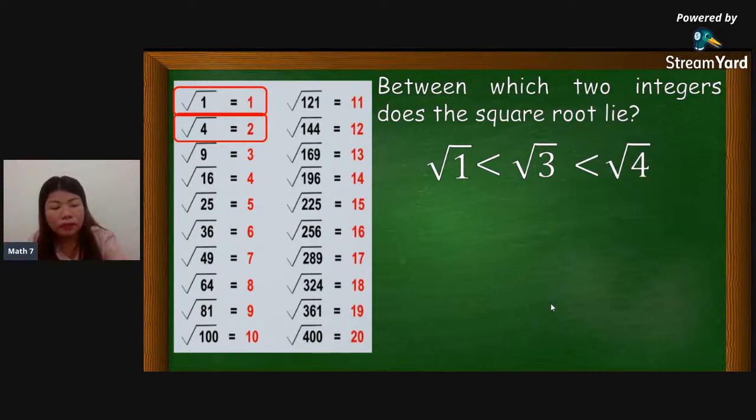Maliwanag po. Type next kung maliwanag po. I-type nyo nga kung paano ko binasa yon. Isa pa, square root of 3 is greater than square root of 1 but less than square root of 4. I-type nyo muna bago tayo mag-next.